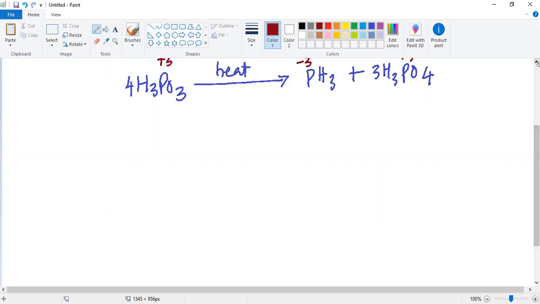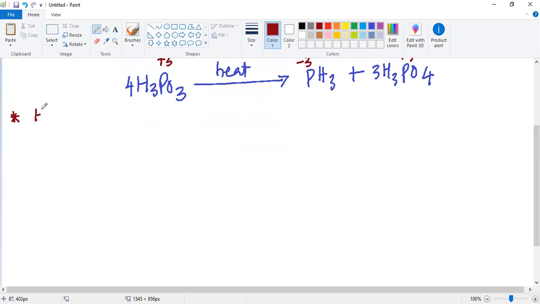Now, dear students, let's look into some of the in-text questions from our textbook. How do you account for the reducing behavior of H3PO2?